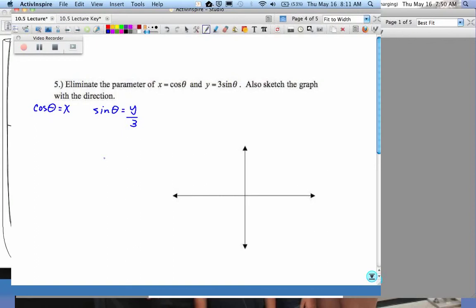Just 1. Right. I guess let's do this. Cosine squared of x plus sine squared of x equals 1. The number one Pythagorean identity uses sine and cosine in the same equation.